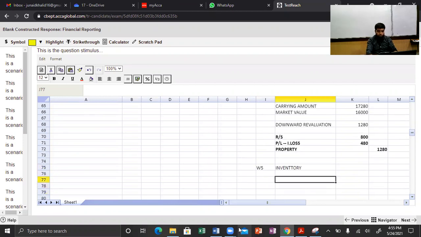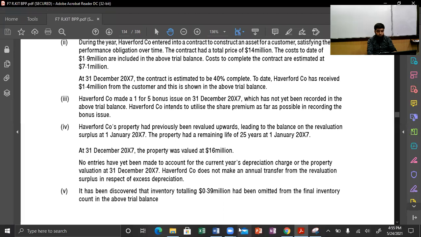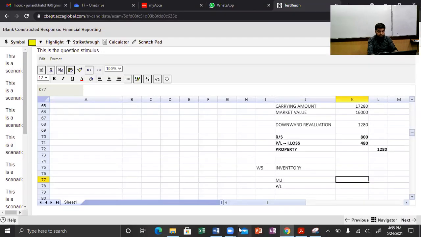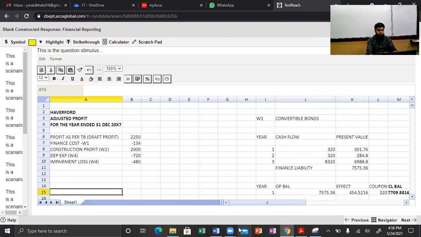Merchandise inventory debit and P&L credit. That is going to increase your profit by 0.39 million, that is 3900. We are going to account for this inventory in the merchandise inventory, that is in assets, as well as in the P&L, where we increase the amount of profit.